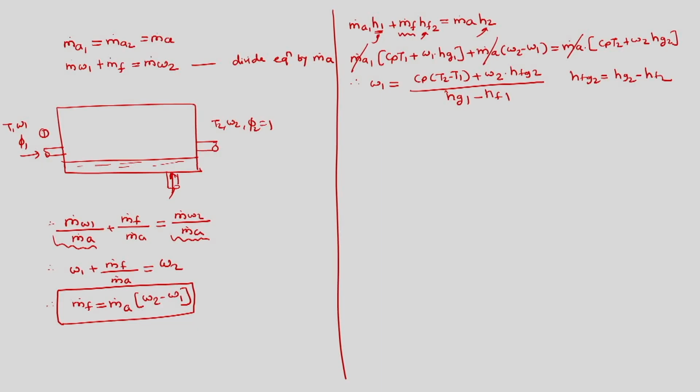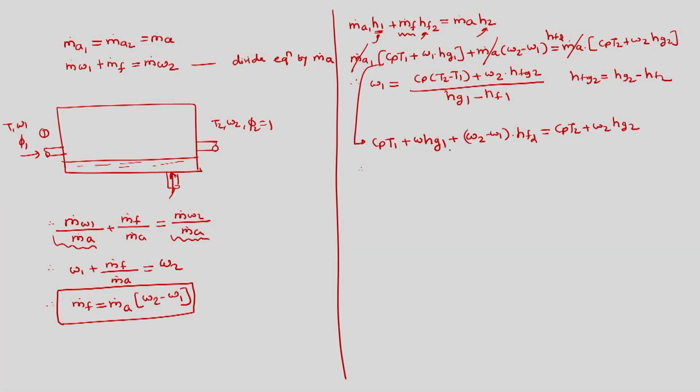What we are trying to do here is basically, suppose we take this expression: Cp T1 plus omega 1 Hg1 plus (omega 2 minus omega 1) into Hf2 is equal to Cp T2 plus omega 2 Hg2.